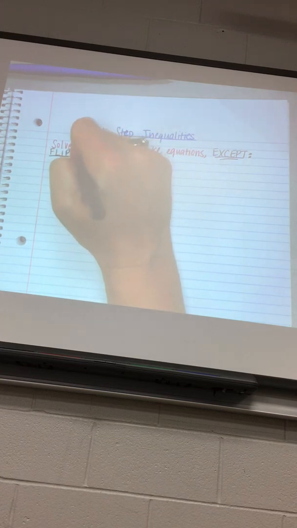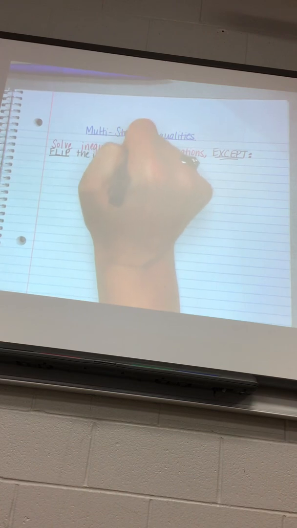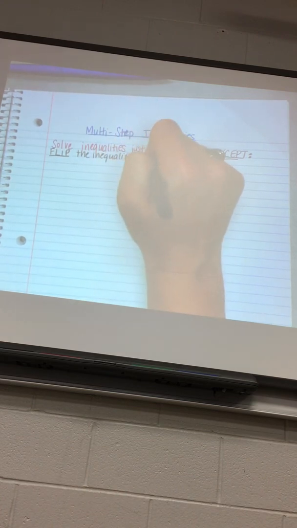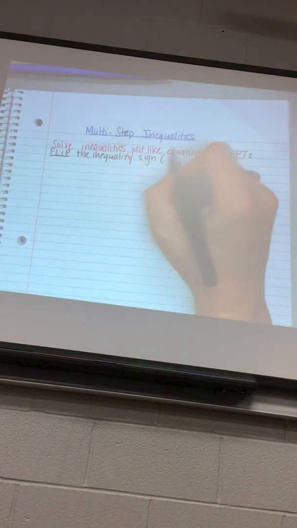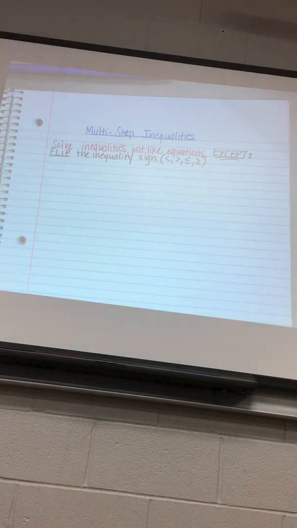Flip the inequality sign. Okay, and an example would be less than, greater than, less than or equal to, greater than or equal to. Those are inequality signs.